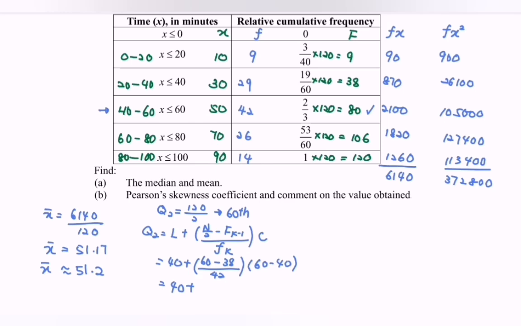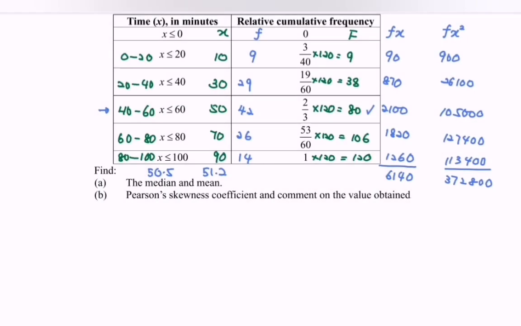So we will have 10.476. So the median would be 40 plus 10.476, so we have 50.48. If we round off, we will have 50.5 for the median.